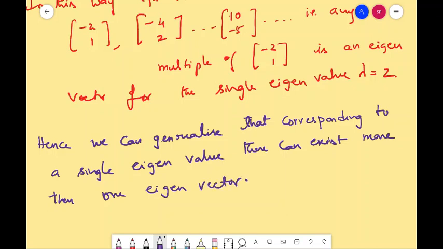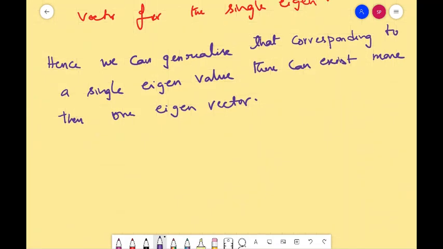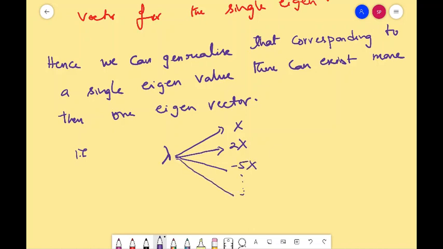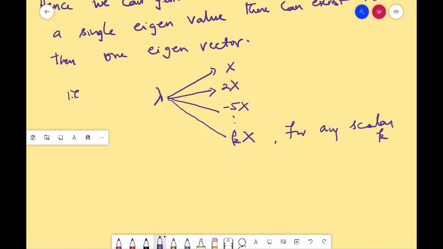That is, if x is an eigenvector corresponding to lambda, then 2x is also an eigenvector, and minus 5x is also an eigenvector. Like that, any multiple kx for any scalar k. All these are eigenvectors. So corresponding to one single eigenvalue, there can exist more than one eigenvector.